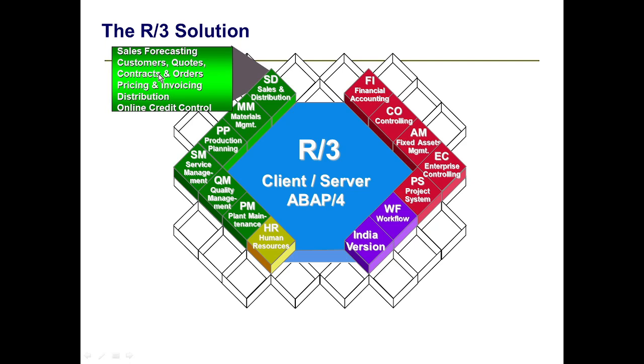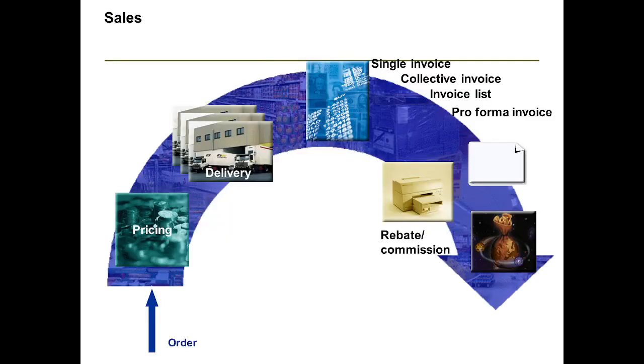SD deals with the customer side: quotation, order, pricing, all those deliveries. This is your order. When an order comes: invoice, delivery, then rebate, agreement, discount. All those things are there. Invoice processing, pro forma invoice. There are different types of invoices. That is altogether the sales slide.